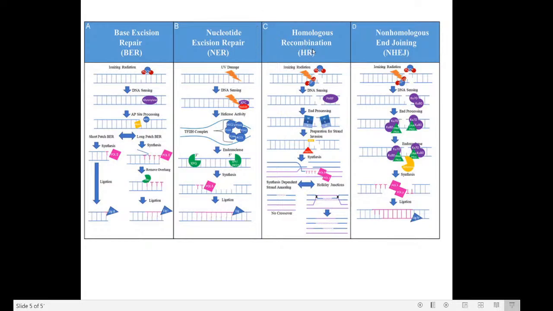Then homologous recombination. Homologous recombination is a very important concept in the basic fundamental processing, because many of the questions are from this topic. It's not a tedious process, but it is commonly divided into homologous and heterologous in different manner.